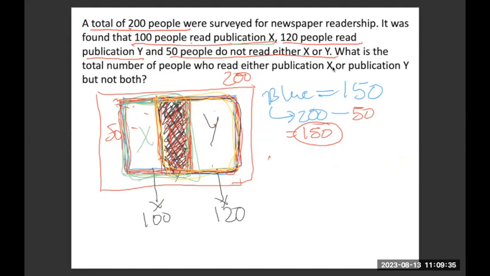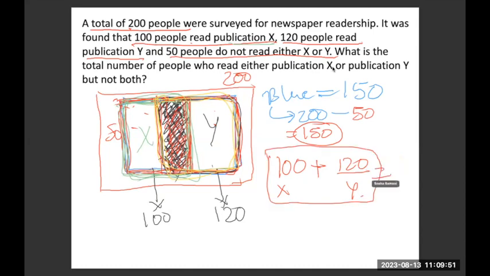Thank you. So here, what is given is 100 is X and 120 is publication Y. If I add both of them together, I get a total of 220. Now from this 220, the number of people who actually get housed in this larger box is 150, that I know.